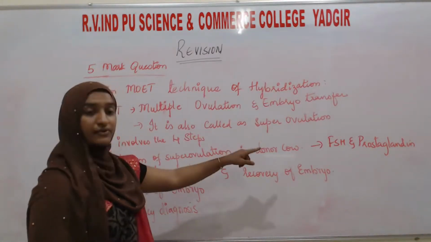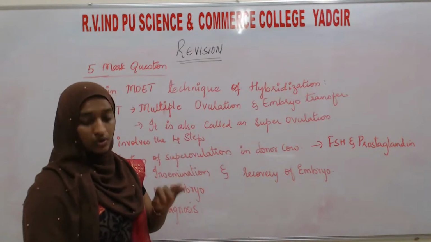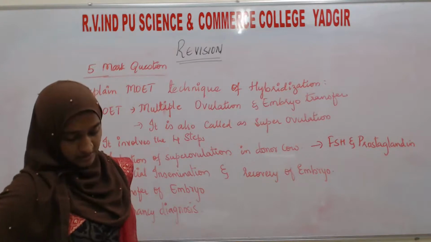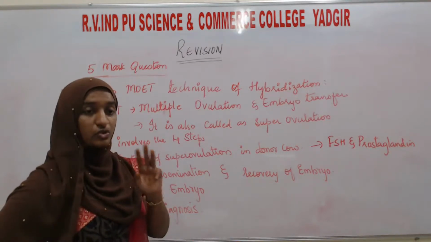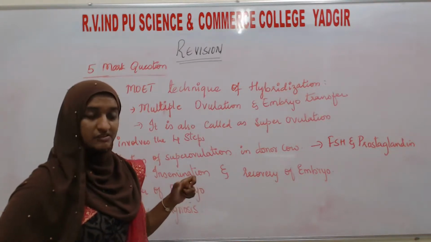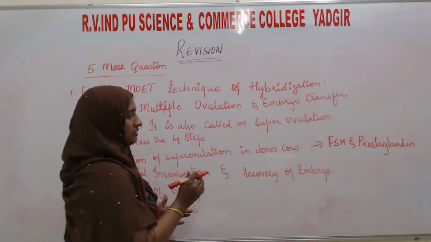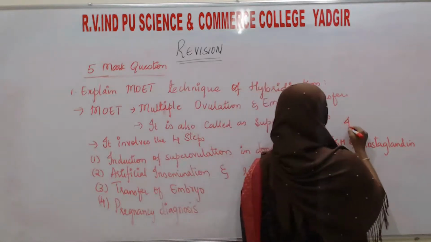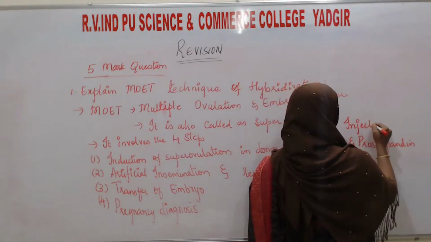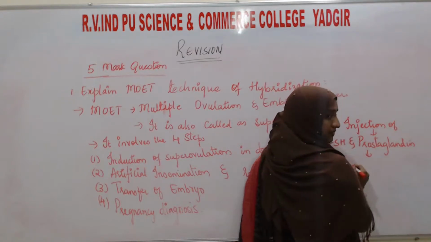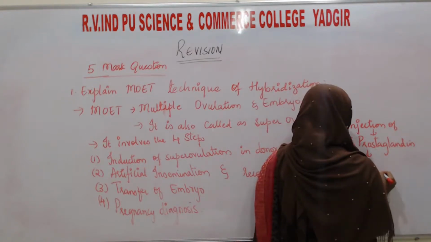FSH is administered for 4 to 5 days, and the prostaglandin hormone is also injected for 3 to 4 days. Due to the injection of these hormones, superovulation occurs.